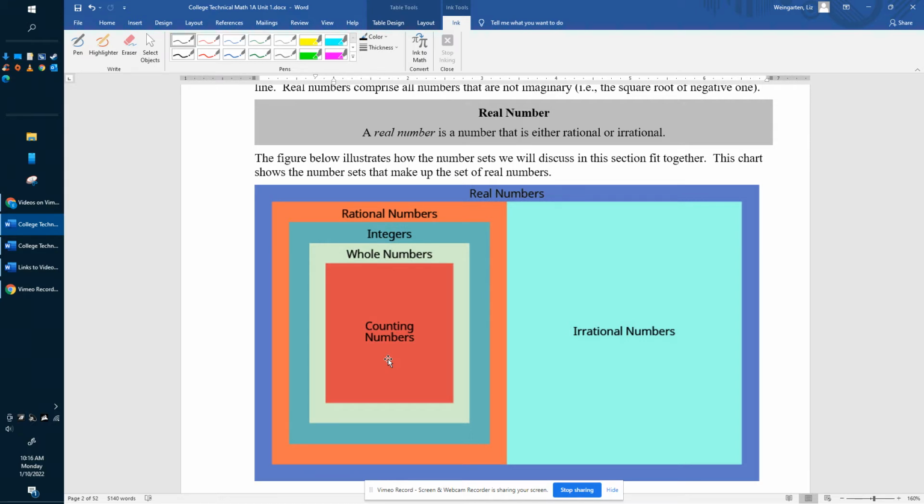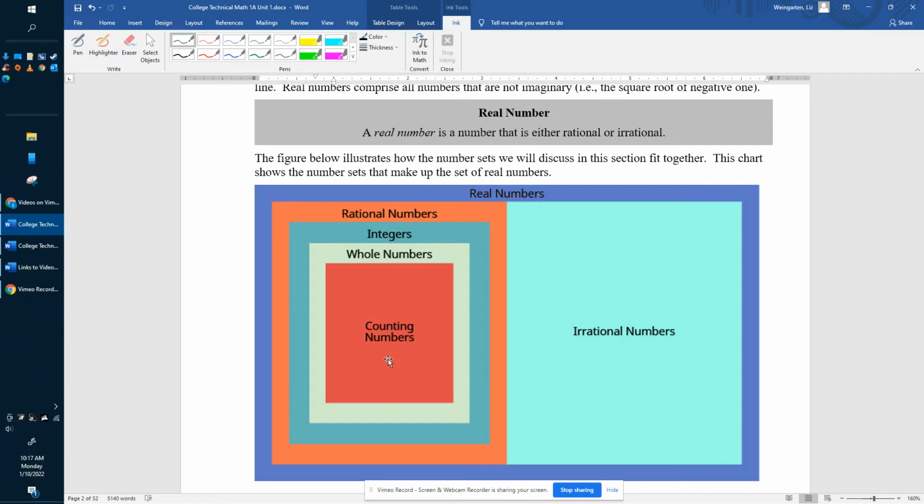So the only additional number is 0. That'd be 0, 1, 2, 3, 4, 5, and so on. The integers are all of the whole numbers as well as the negative numbers. So -3, -2, -1, 0, 1, 2, 3 are all of the integers.